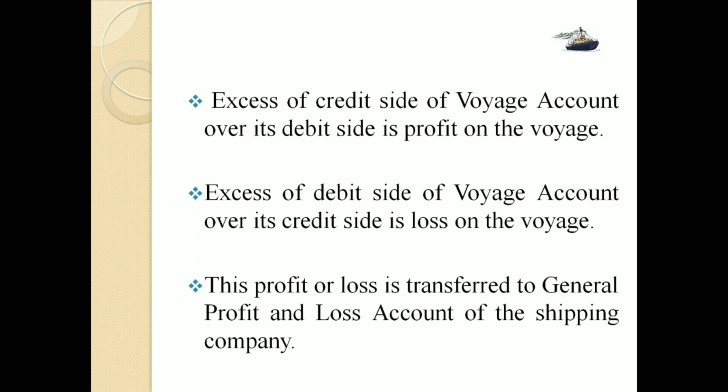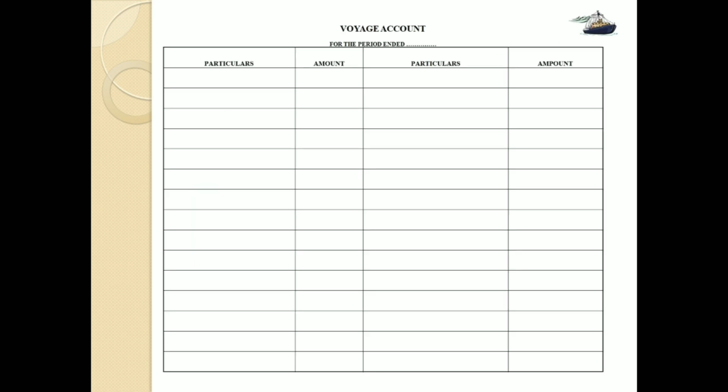Then the profit or loss of that particular voyage should be transferred to the general profit and loss account of the shipping company. That is also an important one. So this is the format of a voyage account, just like a trading and profit and loss account. There will be particulars and amounts on both sides, the debit side and the credit side.